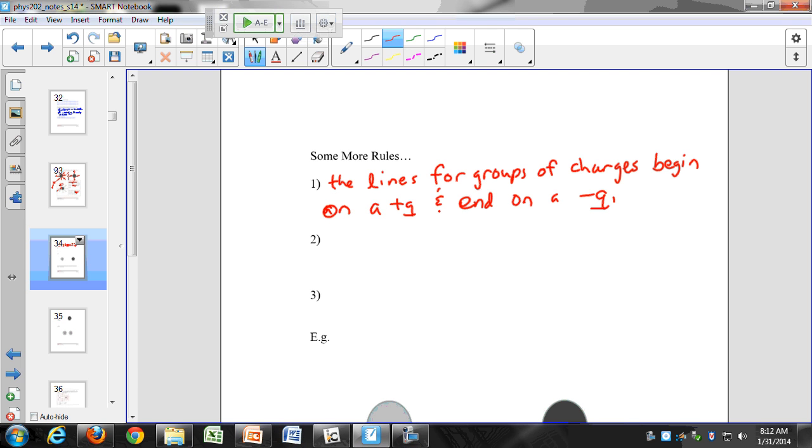If there's an excess of charge, the line will end at infinity.